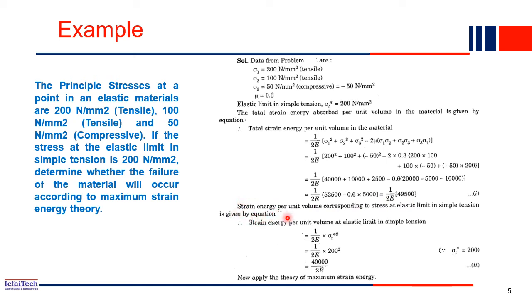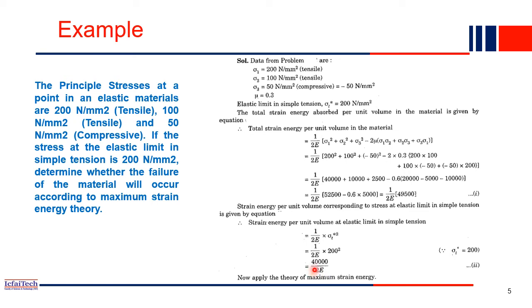The strain energy per unit volume corresponding to the stress at the elastic limit in simple tension is given by 1 by 2E into sigma t star square, which we derived in the last slide. This is the capacity of the material. Sigma t star is 200, so just replace it, and the material can sustain 40,000 by 2E of strain energy.